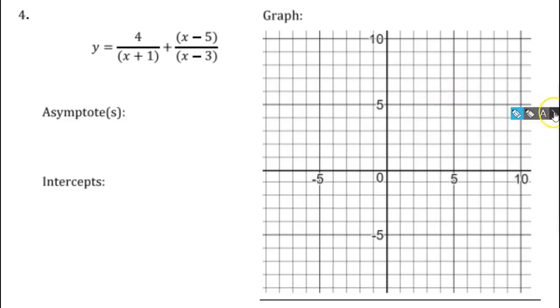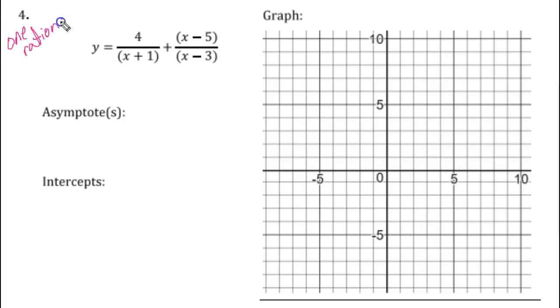Now, as you are dealing with graphs, one of the things that you want to realize is that all of the things we learned about finding key features were for one rational expression. And this one has two. And so we don't actually have any rules for finding the parts of the graph when it's two rational expressions instead of one, which means that our first job is always going to be to get one rational expression.